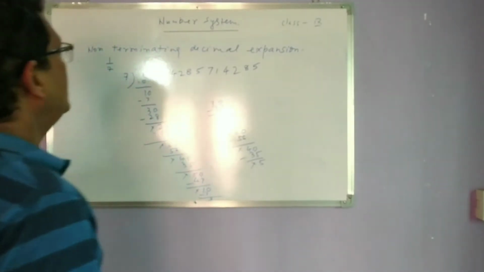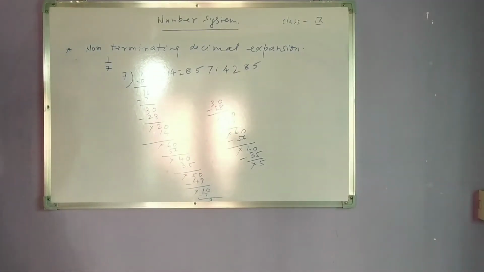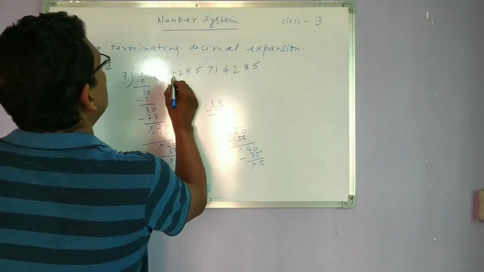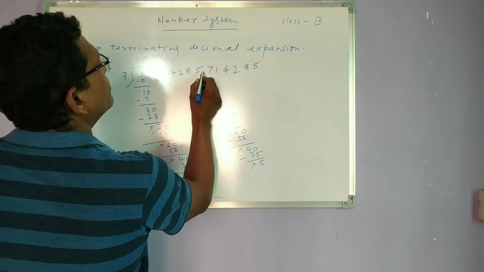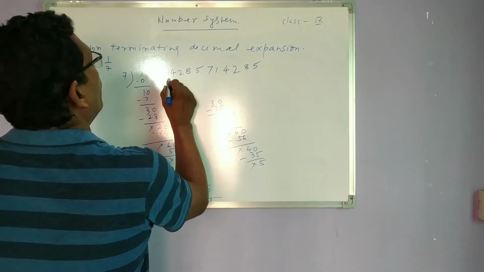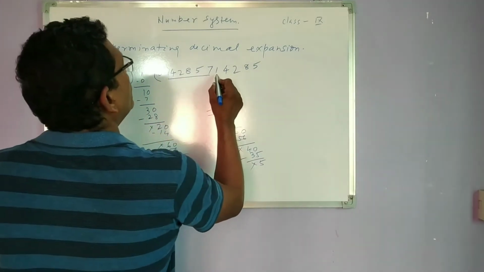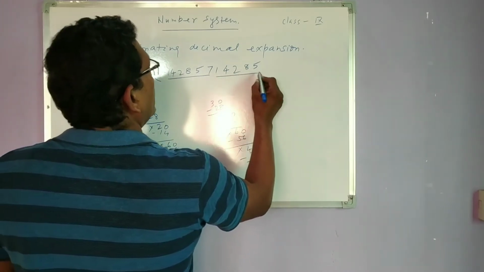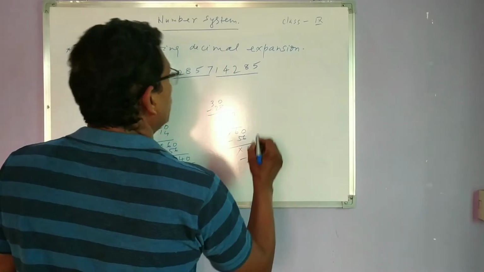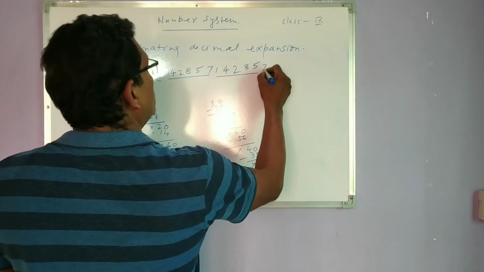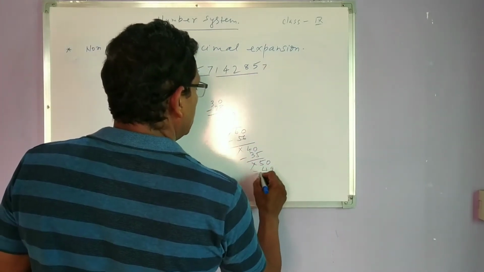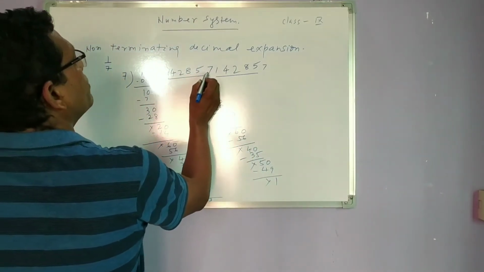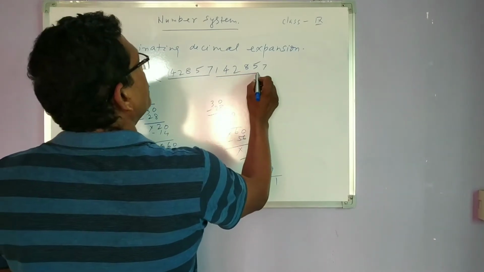So what do we see here? We are getting a block of digits, repeating digits. 1 4 2 8 5 7. One block, then again 1 4 2 8 5, and if you go one time more, 7 times 7 is 49. So 1 4 2 8 5 7, 1 4 2 8 5 7.